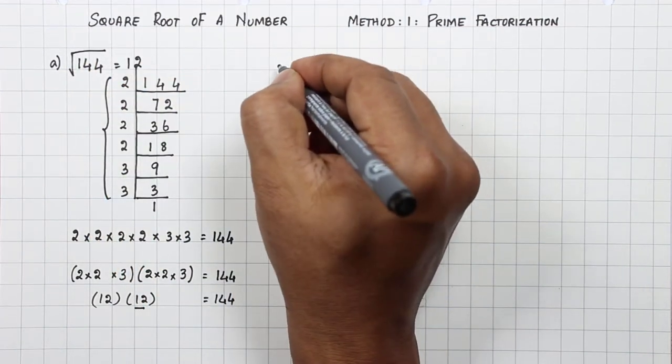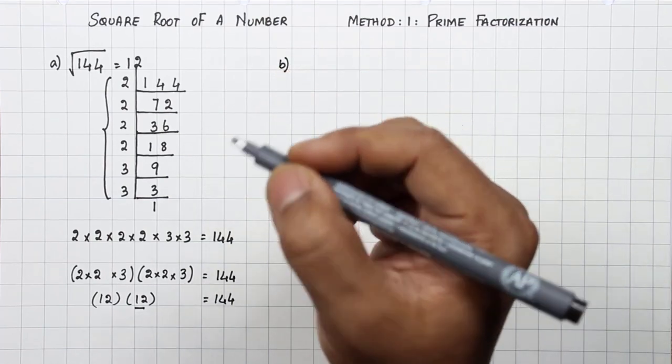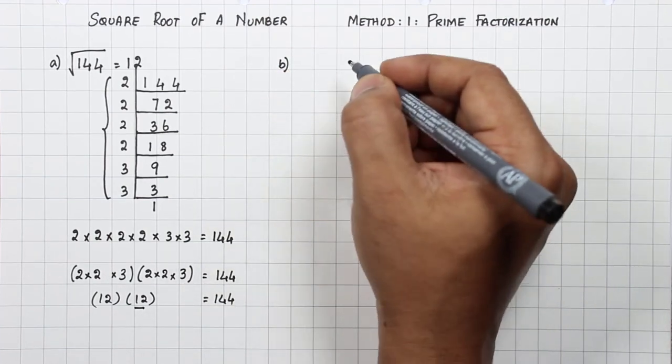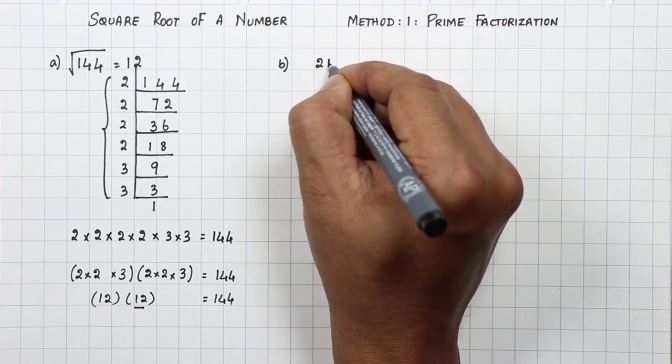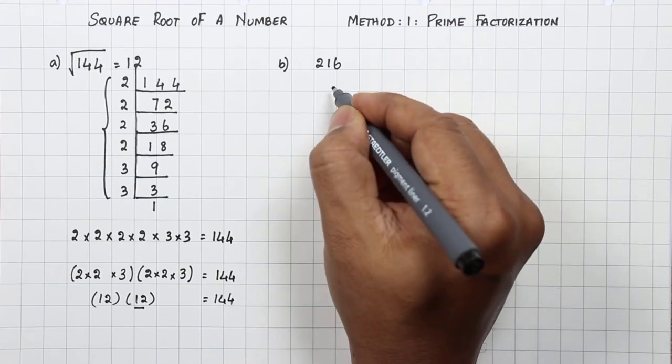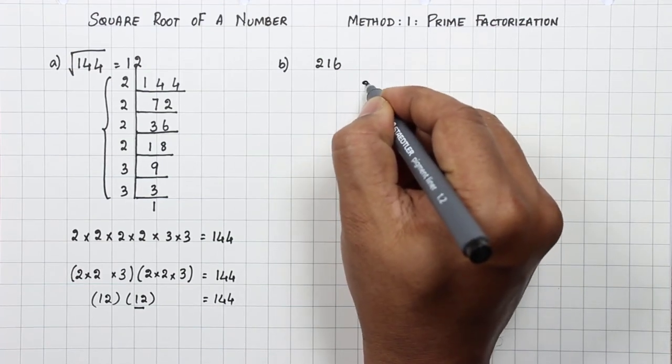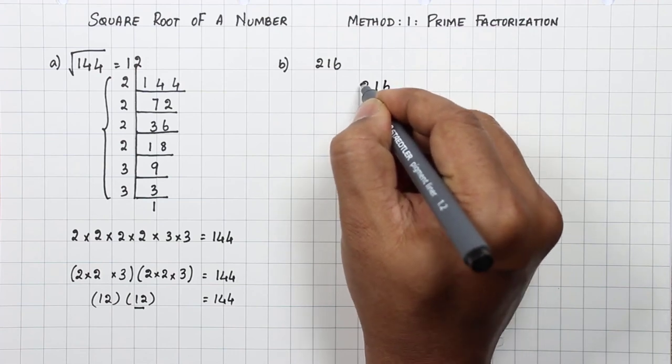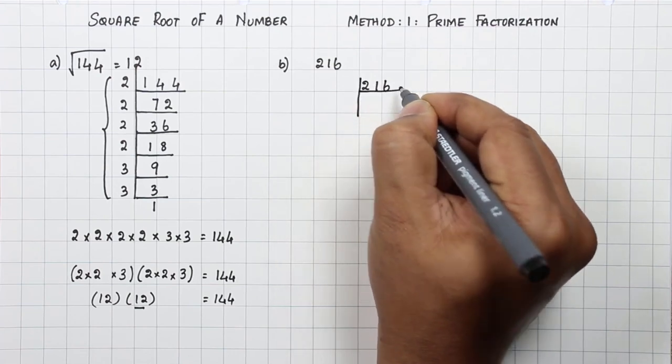Now let's take another example. Now I will give you a number which is, say, 216. Now let's see whether this is a perfect square or not. So if you do the prime factorization here, 216, you start dividing it.